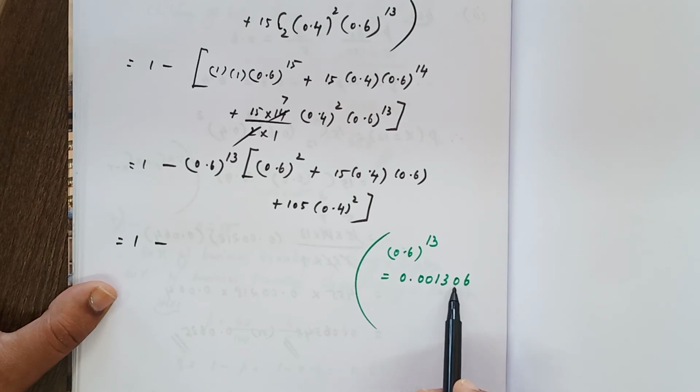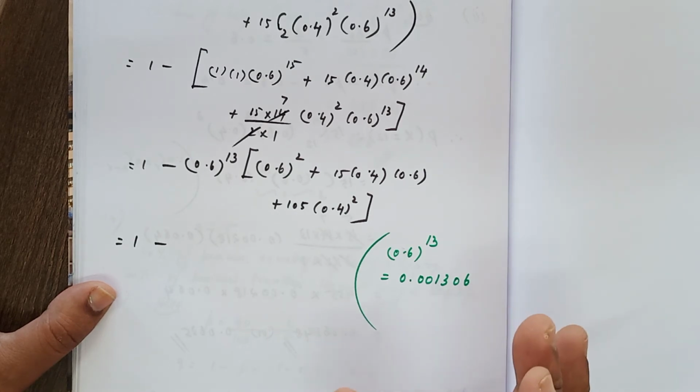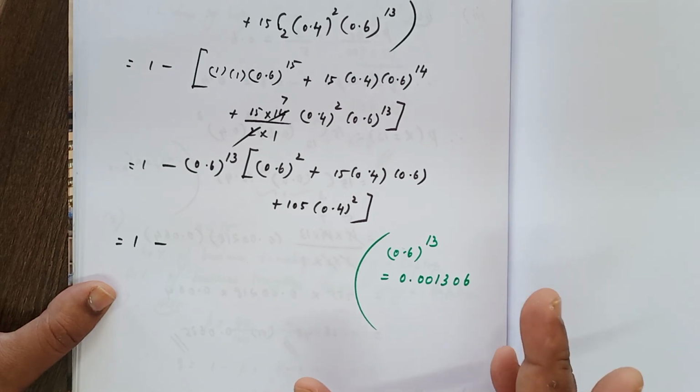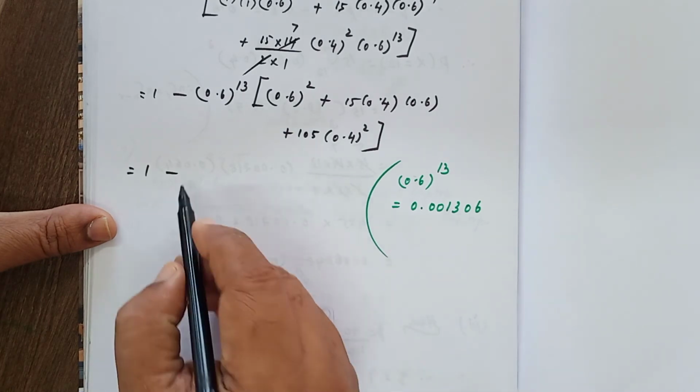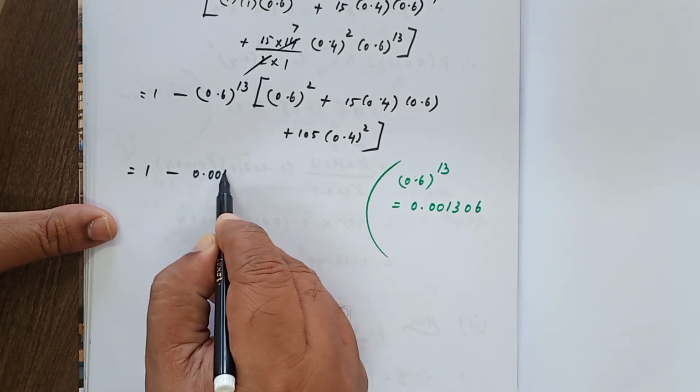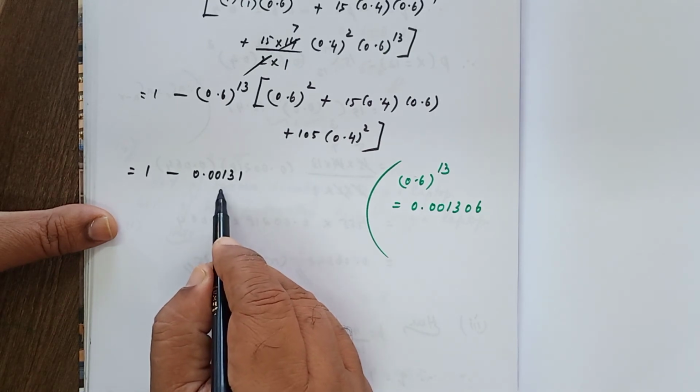Since the next digit is 6, you can add 1 to the previous digit, so you will get 0.00131. That's why I am telling you the final answer may vary for each and every problem in the decimal part only, not in the integral part. So for 0.6 power 13, I am considering 0.00131, rounded to 5 decimal places.